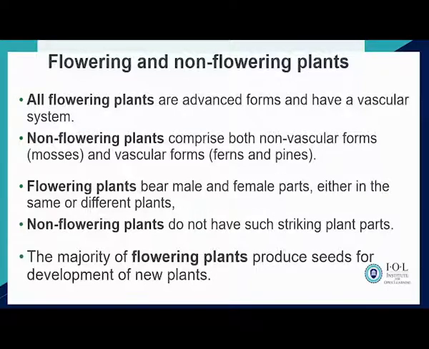Flowering plants normally bear the male and female parts either on the same or on different plants. You can have a flowering plant that has both male and female flower parts on the same plant, or you can have one that has only male parts, whereas another one has female parts.